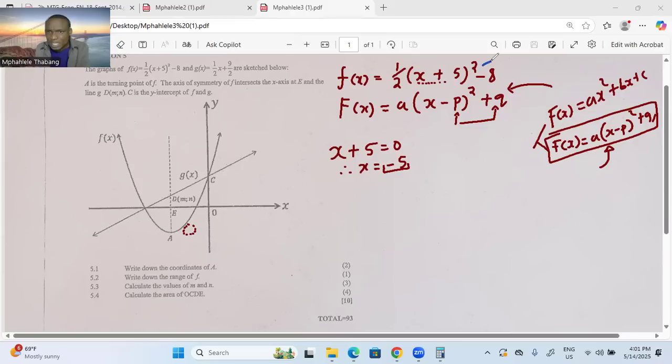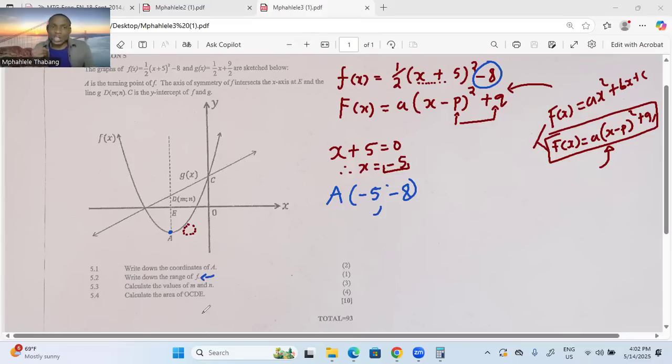This number at the end here, negative 8, represents the y turning point. So the coordinates of A are minus 5 and minus 8. A is the turning point of a quadratic graph, and you can see it from the way the equation is written. Write down the range of f. So we are asking for the range of this quadratic graph, which turns at A.